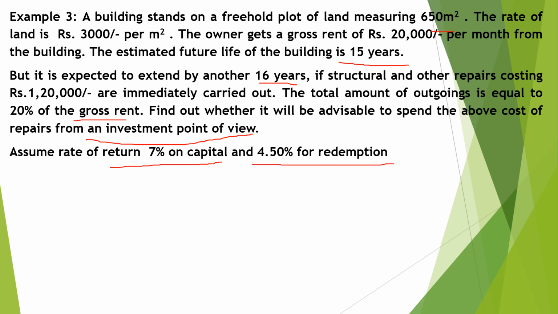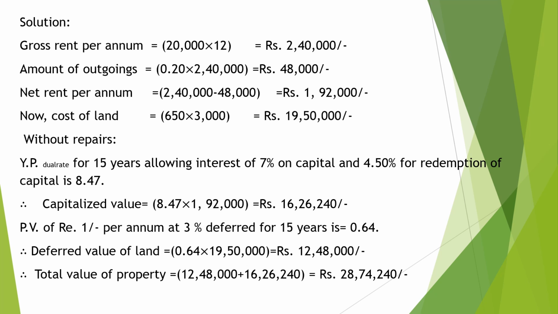So this type of question you may get in practical life also, and from an IBBI examination point of view. So gross rent per annum: 20,000 per month into 12, 2,40,000. So 20% is outgoing.